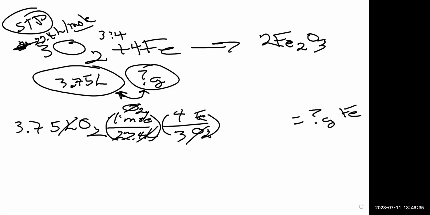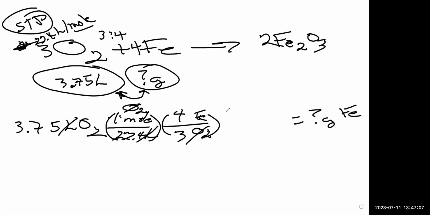At this point, if you do the mathematics, we end up with moles of iron. So notice that we start off with liters of oxygen, went to moles of oxygen, and now with the stoichiometric relationship between iron and oxygen, we are now at moles of iron. Well, the question again is that we need to get to grams.